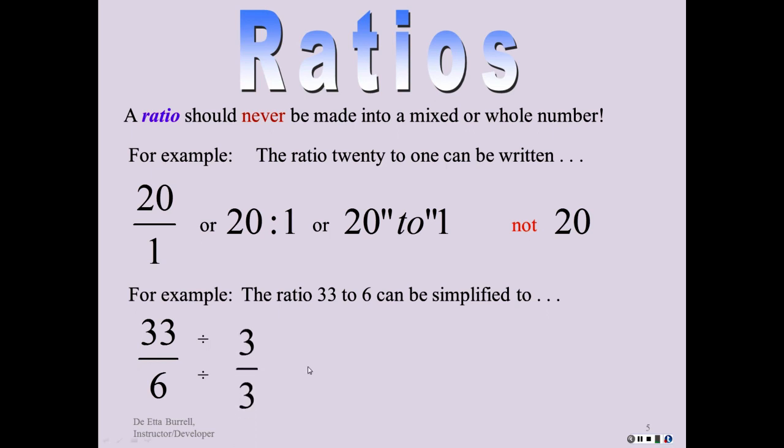If I simplified by 3, I would get 11 to 2. Not 5.5. So never, ever, ever use a whole number or a mixed number with a ratio. A ratio has to have a comparison by definition, okay? Any questions about that? Nope? Everybody got it? Okay.